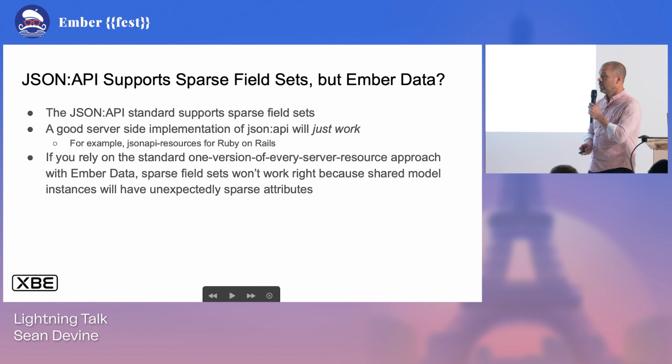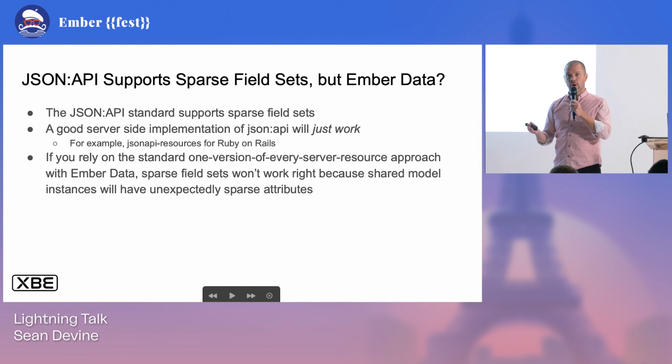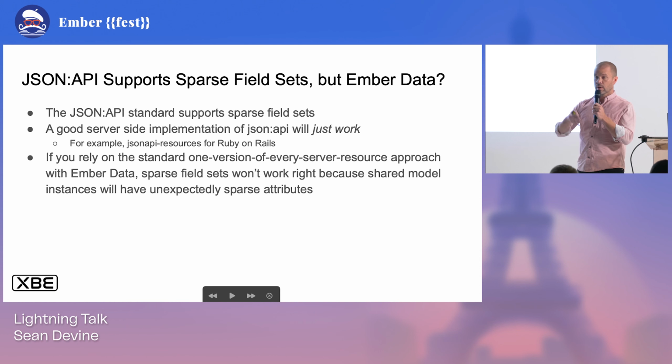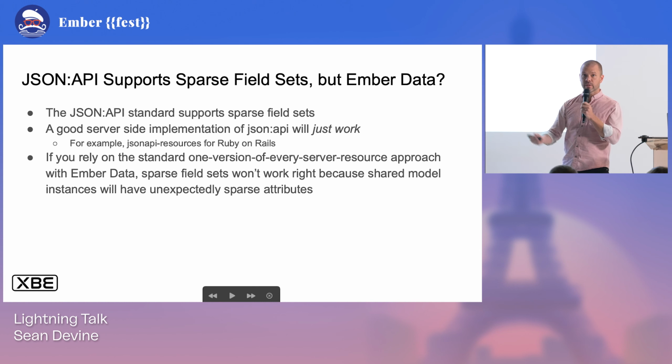So you probably know, or maybe know, that JSON API supports sparse field sets. So I think from the beginning, or at least from 1.0, the specification allowed for passing in the set of fields that you want per model so that we can get around this problem, so that the response will only have the fields for every one of the models, both the primary and the included, that we needed.